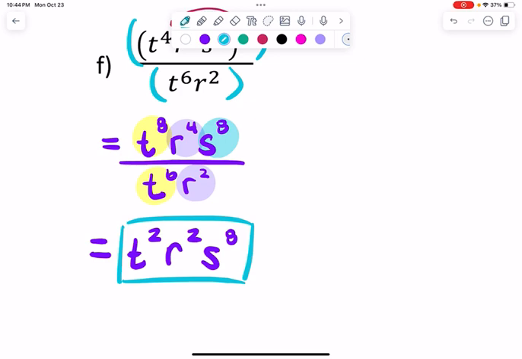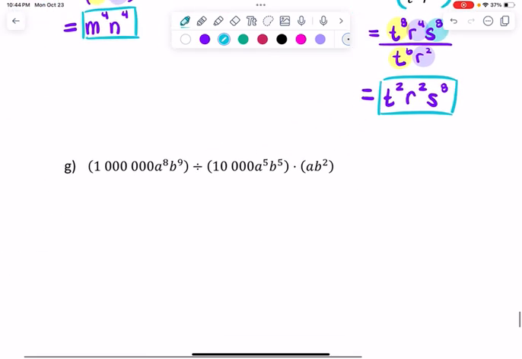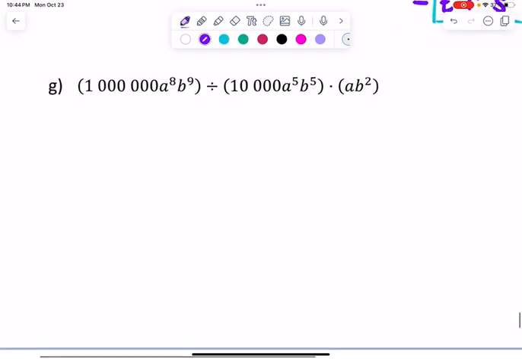All right, one last question to wrap things up. We are looking at G. Now, I'm really loving G because I see powers of 10. As a reminder to myself, powers of 10 are really easy to convert into powers with smaller bases. Powers of 10 can always be written as 10 to the power of something, and that exponent is the number of zeros in that original number.